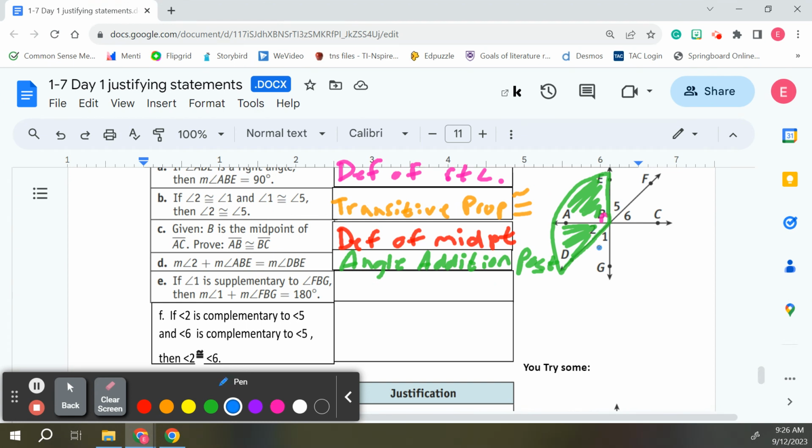They're saying it's supplementary to FBG, so here's F, here's B, here's G. They're saying these two angles are supplementary. So what is the rule that helps us define this to be true?